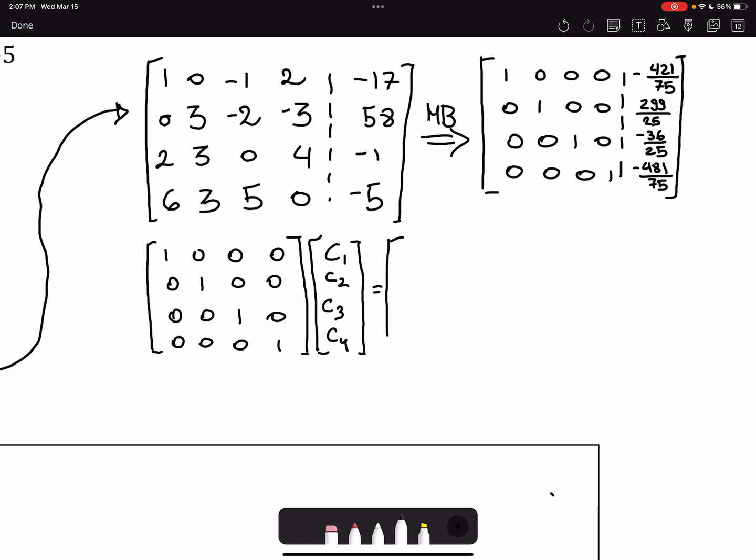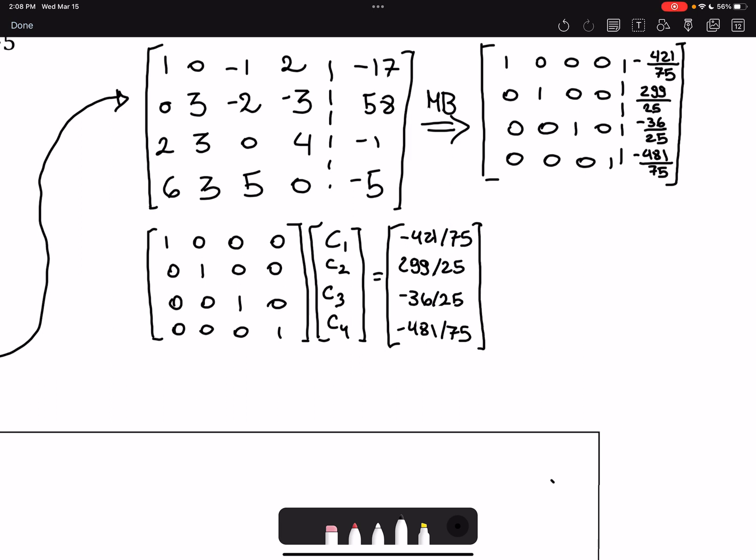And on the other side, you would have negative 421 over 75, 299 over 25, negative 36 over 25, and negative 481 over 75.